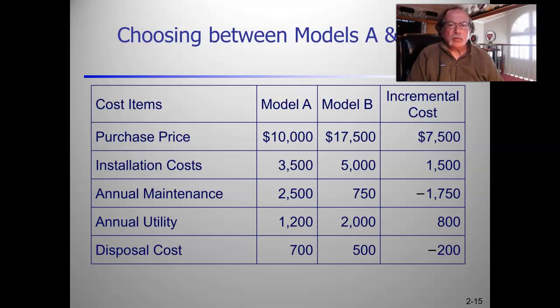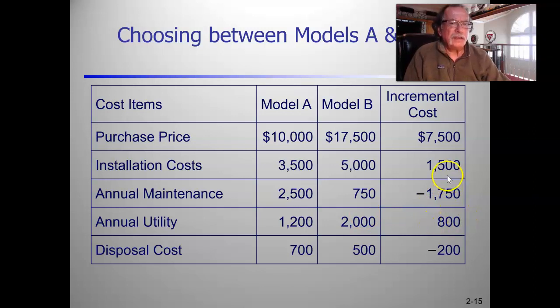Well, maybe it's a much bigger project, or maybe you're going to save $1,750 a year in maintenance by doing Model B versus Model A. But your utility costs are higher, so your net savings is only $950 a year. $1,750 minus $800. So your net savings of doing B versus A on an annual basis is only $950.